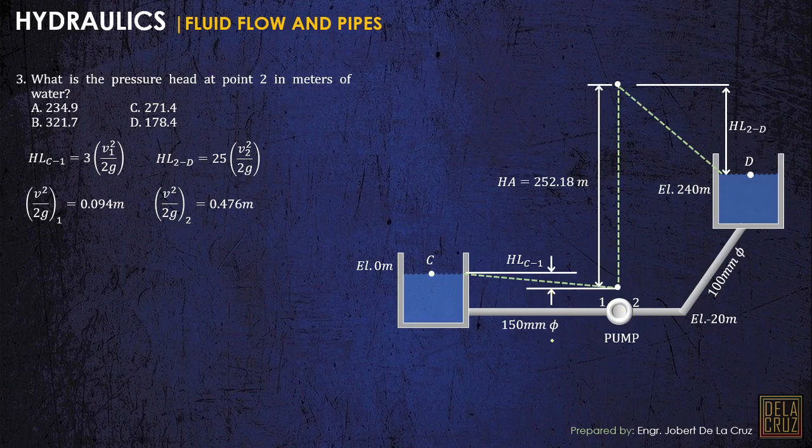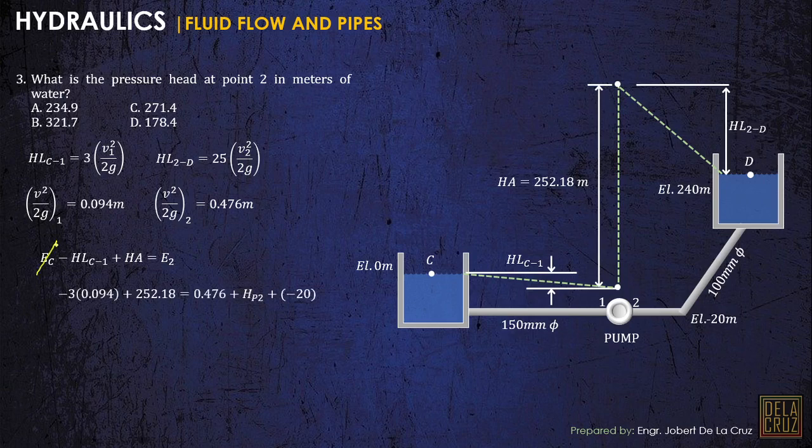If we use point C to point 2, what will be involved? Of course, the energy at C minus HLC to 1. Point 2 is immediately after the pump, somewhere here. That means we add the head added by the pump, then equate it to the energy at 2. But take note, we are looking for the pressure head, so we express it as pressure head.